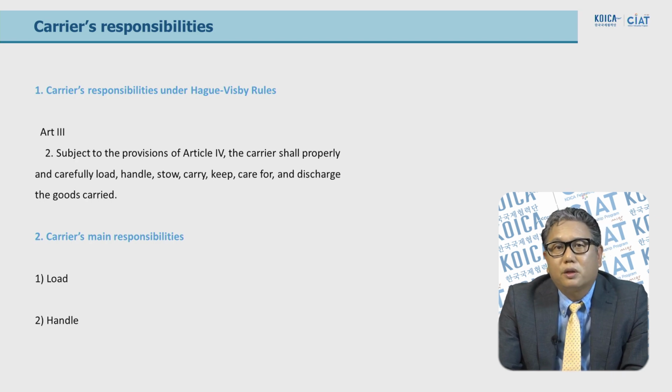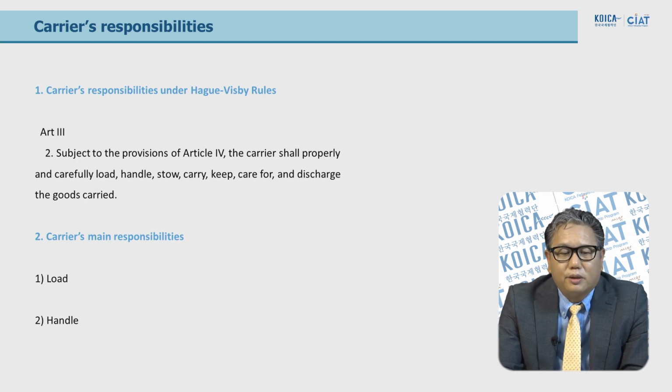The word "carefully" means that the carrier's exercise of due diligence considers the nature of goods carried thoroughly and technically, as a maritime transportation expert would.